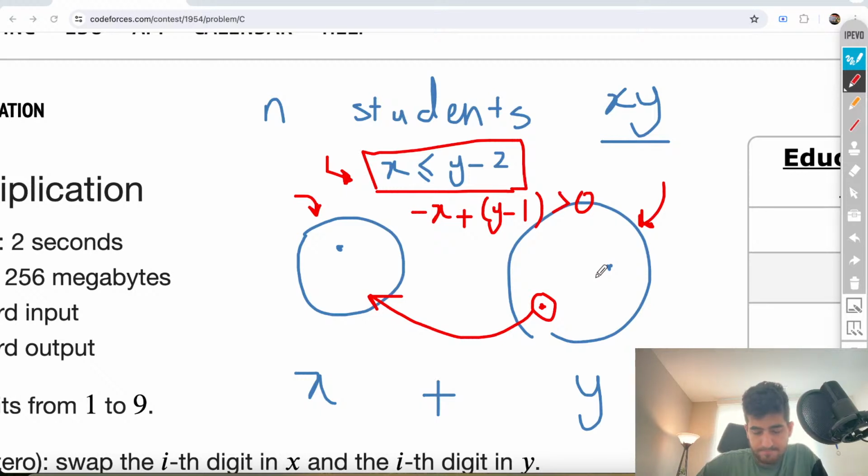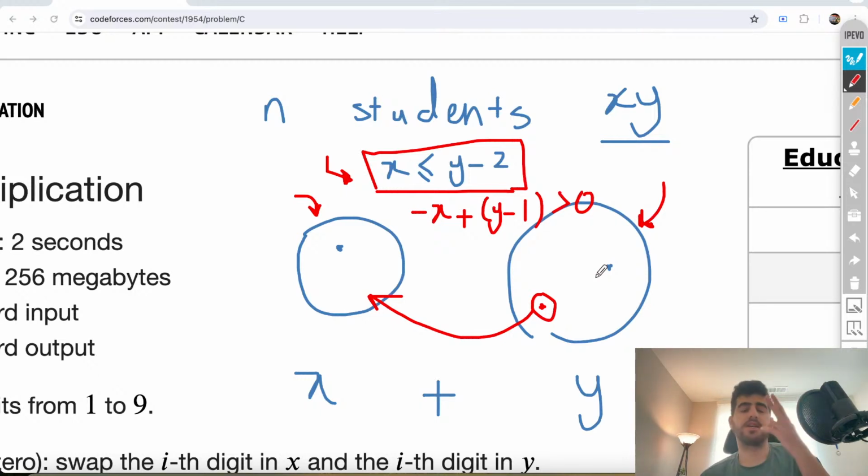So if x and y are as close as possible, then the number of pairs who hate each other will be maximized.